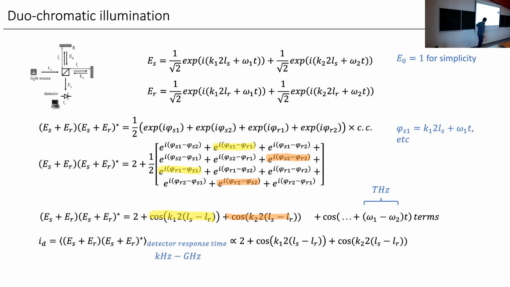So in the end, the output of the detector is simply the sum of the cosines, which are the only terms that survive. If I have one wavelength, I will just get one cosine term corresponding to that wavelength. If I have two wavelengths, I simply get two cosine terms. If I go to more and more wavelengths in my interferometer, I will just get the summation of all these cosine terms.